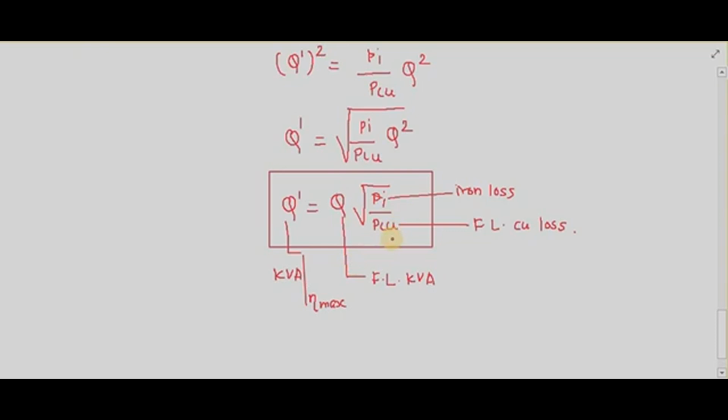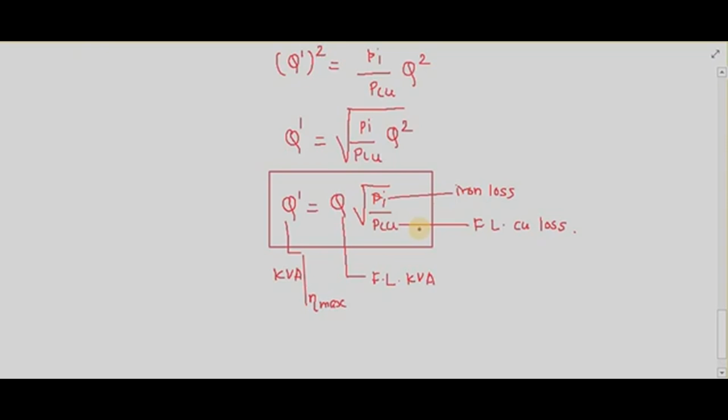If my transformer is intended to work on full load for most of the period, then it is always designed to have the maximum efficiency nearby to the full load. But if the transformer load is variable, it is usually designed to have maximum efficiency at about 75% of full load.